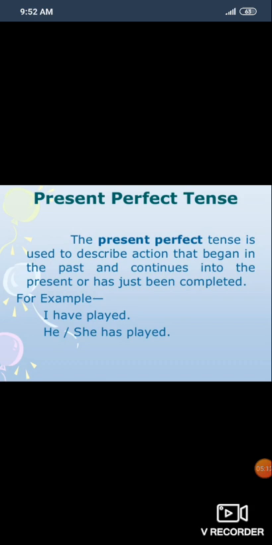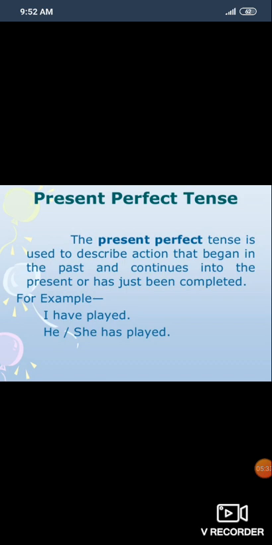For this type of tense, we are using the helping verbs has and have. Has we use with he, she, it, name, and have we use with I, we, you, they. And the main verb is the verb third form.